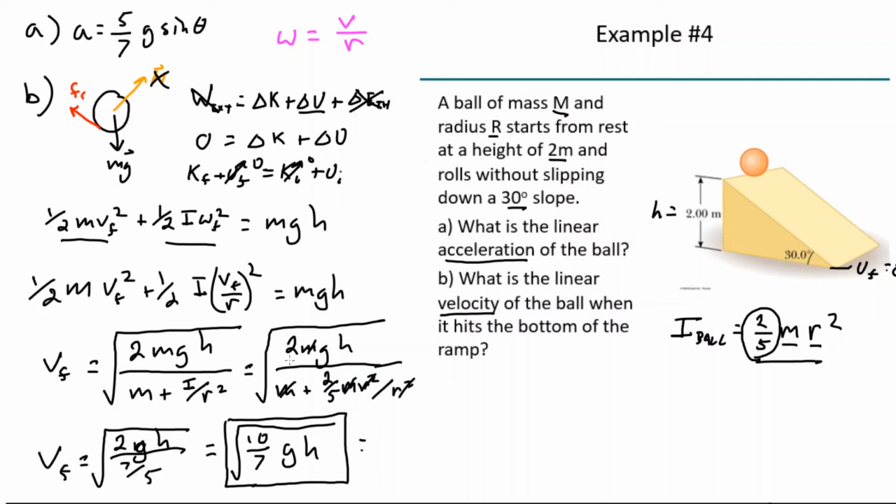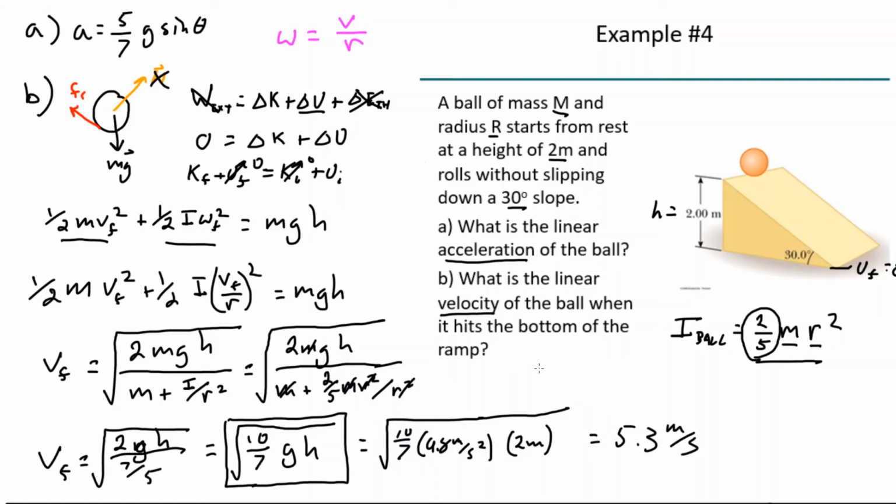If I plug in my numbers here, I get the square root of 10 over 7 times 9.8 meters per second squared times the height, which is 2 meters. And this gives me 5.3 meters per second.